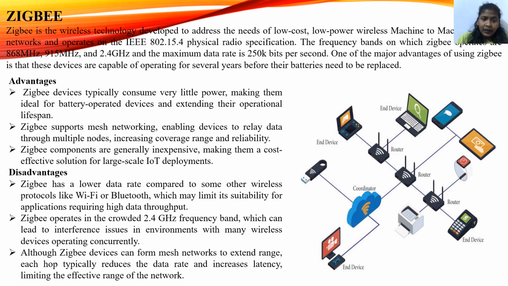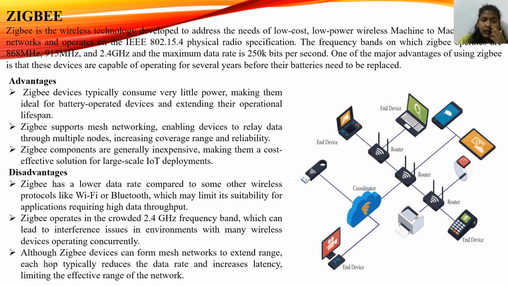Zigbee supports mesh networking, enabling devices to relay data through multiple nodes, increasing coverage range and reliability. Zigbee components are generally inexpensive, making them a cost-effective solution for large-scale IoT deployments.